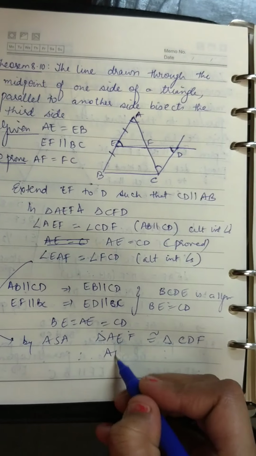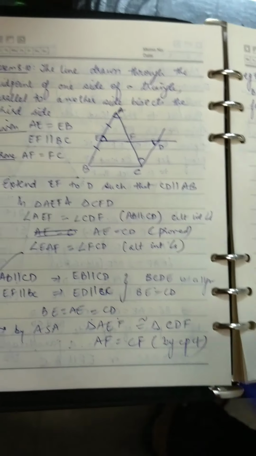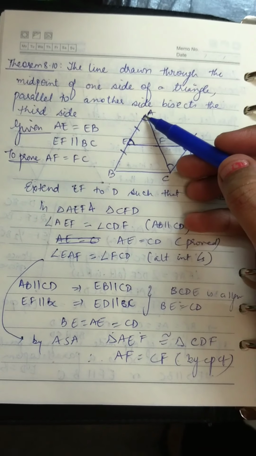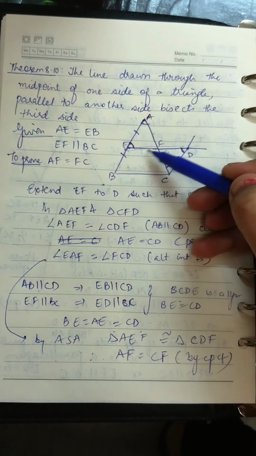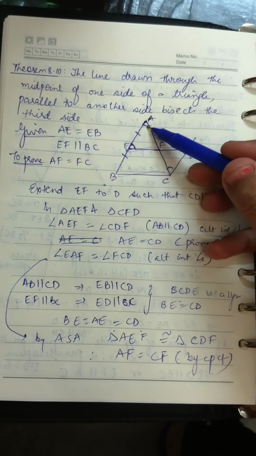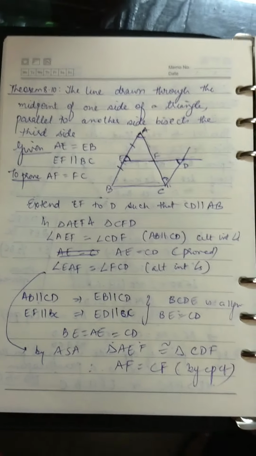Therefore by CPCT, AF is equal to CF. So we have proved the converse of the midpoint theorem, which states that a line drawn through the midpoint of one side of a triangle parallel to another side bisects the third side as well. Understood? So these are the midpoint theorems.